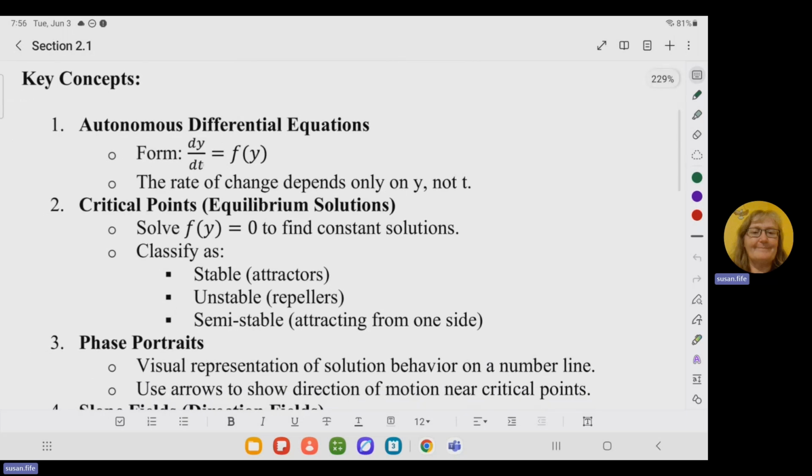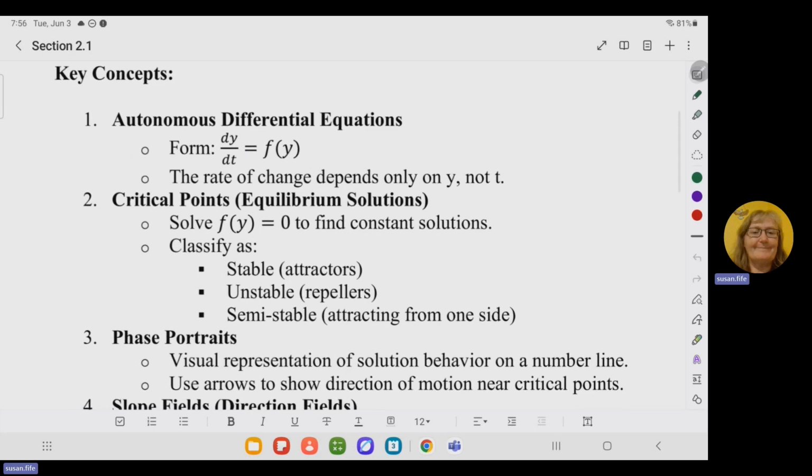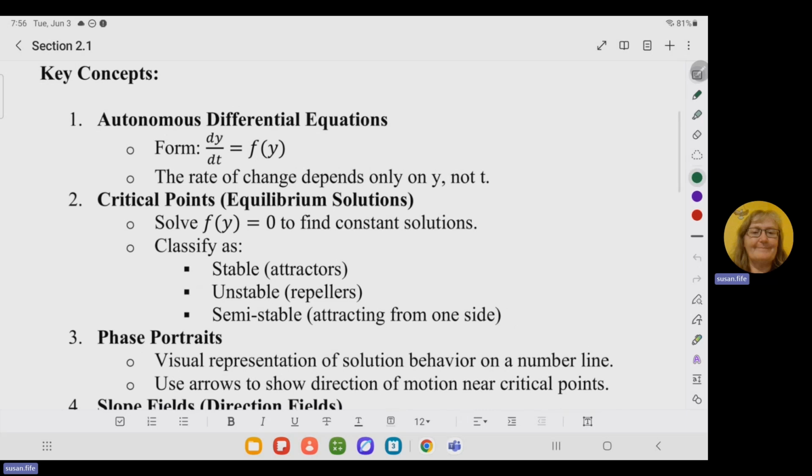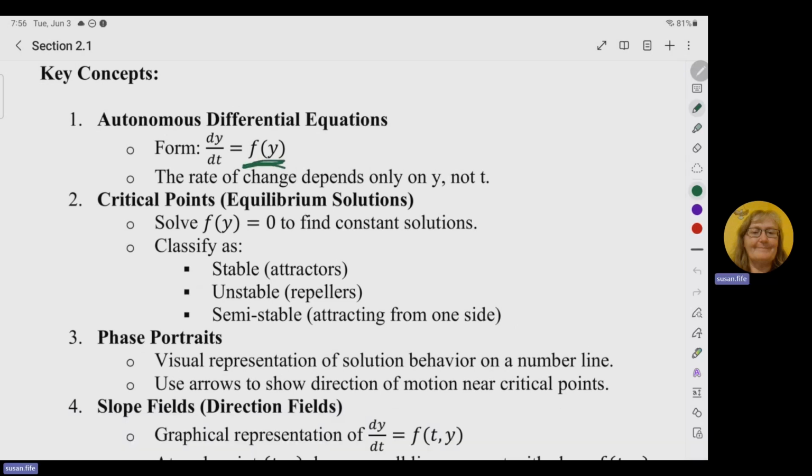And again, the term autonomous means that the derivative of y with respect to t is going to be equal to a function of y. This derivative is going to be a function of the dependent variable.